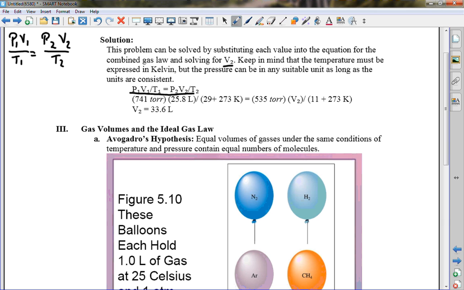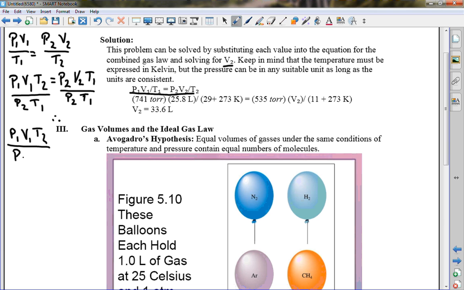Or you may have decided to say P1 V1 times T2 is equal to P2 V2 times T1. Then we divide both sides by P2 and T1, because we're trying to get your second volume. Therefore, pressure 1 times volume 1 times temperature 2, divided by pressure 2 times temperature 1, is equal to V2.